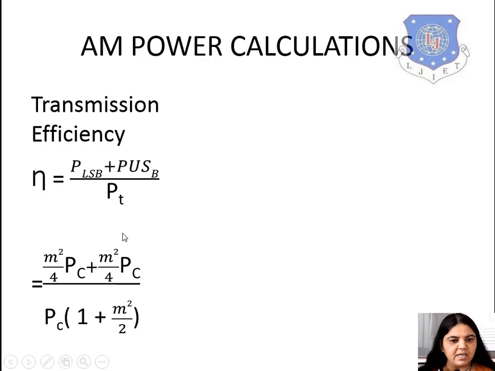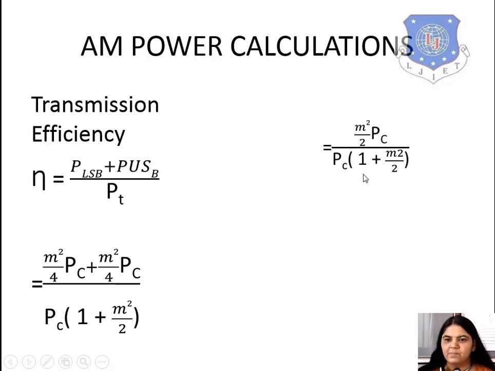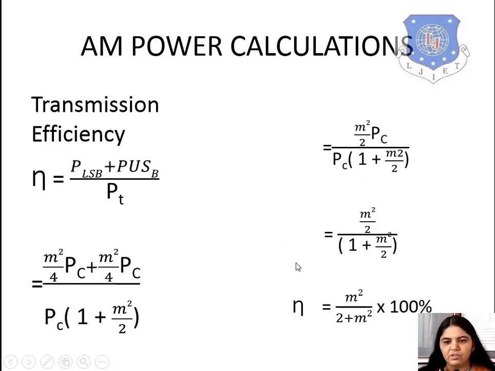PUSB is also m square by 4 PC, divided by PT, which is PC in bracket 1 plus m square by 2. Now m square by 4 plus m square by 4 is m square by 2, so PC upon PC in bracket 1 plus m square by 2. PC cancels, so it is m square by 2 upon 1 plus m square by 2. Therefore eta is equal to m square upon 2 plus m square.